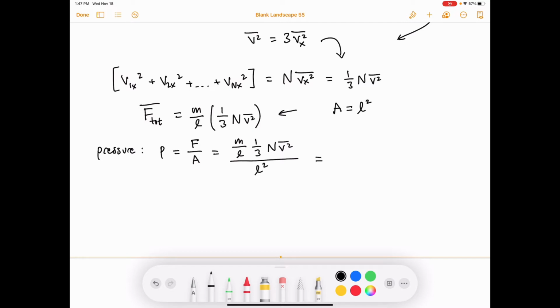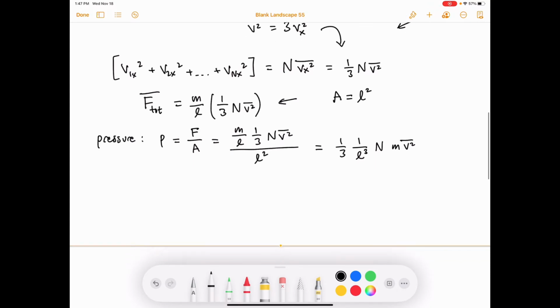If we write this in a simpler way, we have 1/3 times 1/L to the third power times n times m times v squared average. I'm going to write this in a slightly different way. I'm going to pull out a factor of 2 to the front, so this is now 2/3 times 1/L to the third times n.